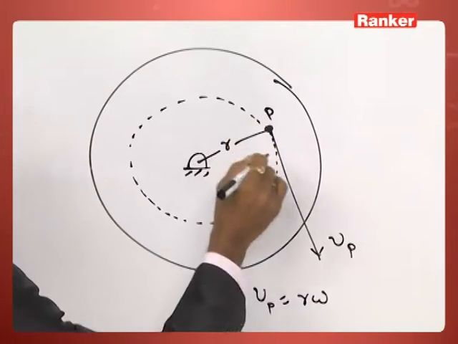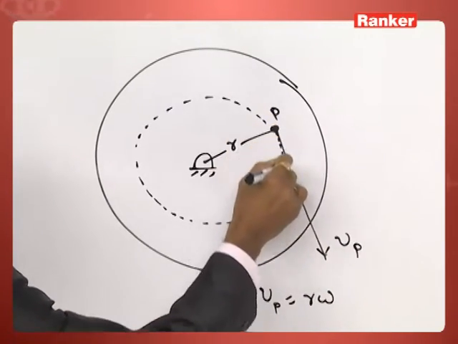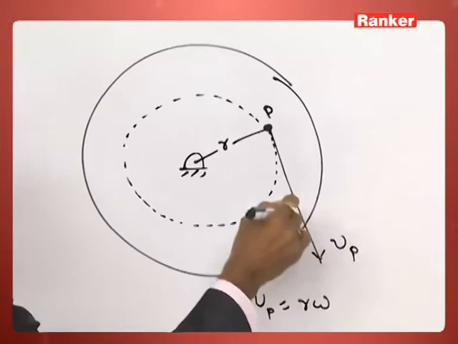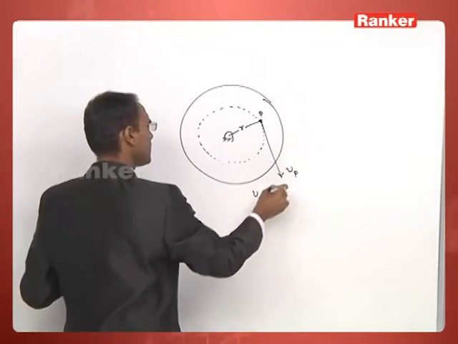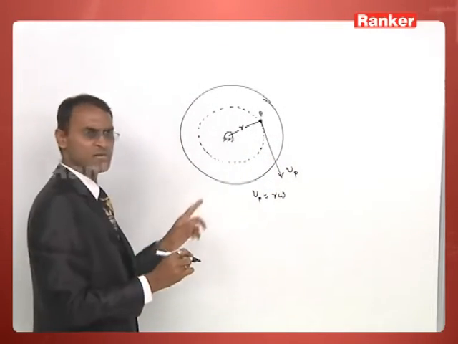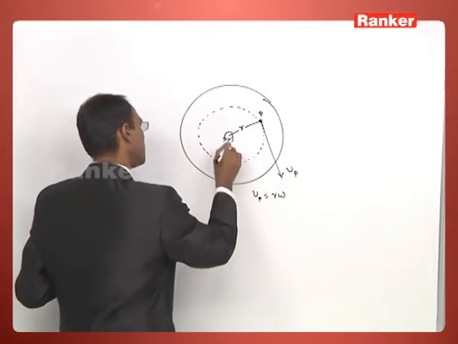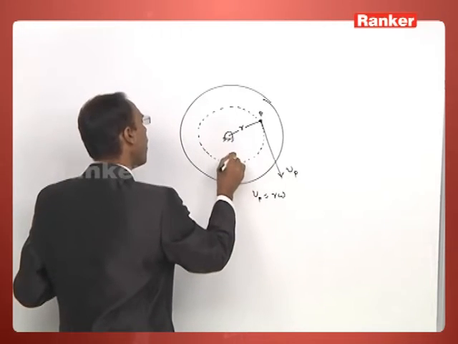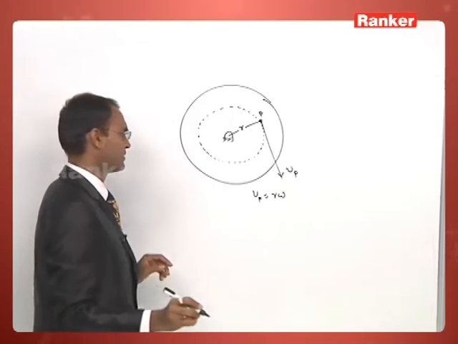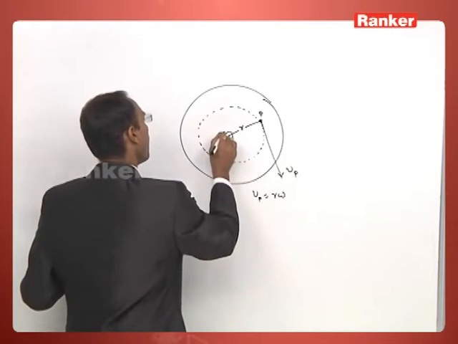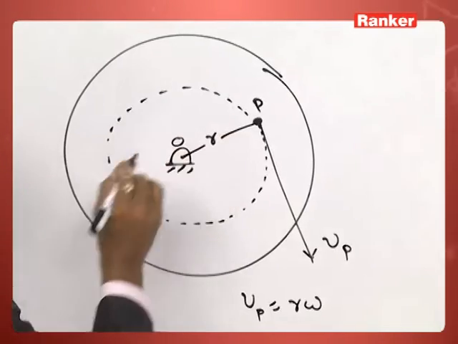Using the concept of circular motion, this particle's velocity is tangential to the circle and is equal to r into omega. Everybody knows this in circular motion kinematics. So different particles will move with different velocities with respect to the axis O.